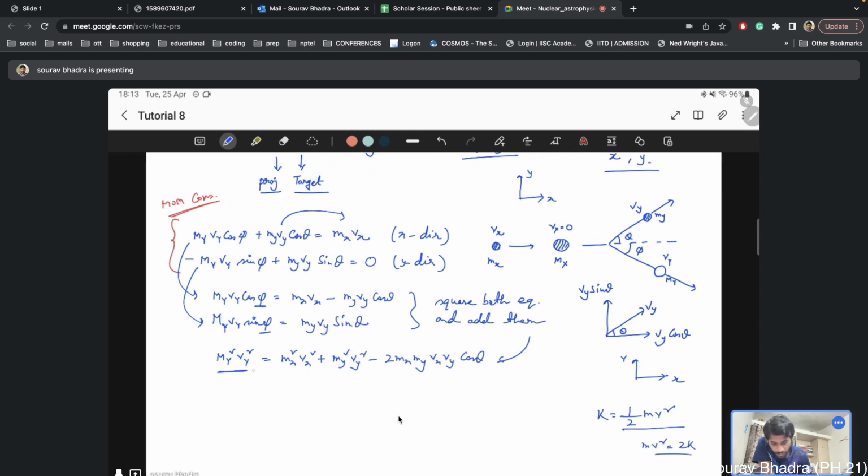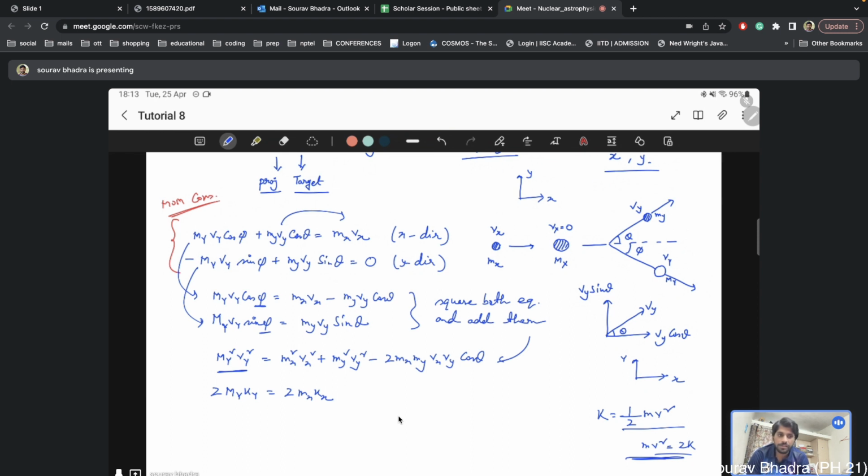So my Vy square will be 2 my Ky, and similarly 2 mx Kx.